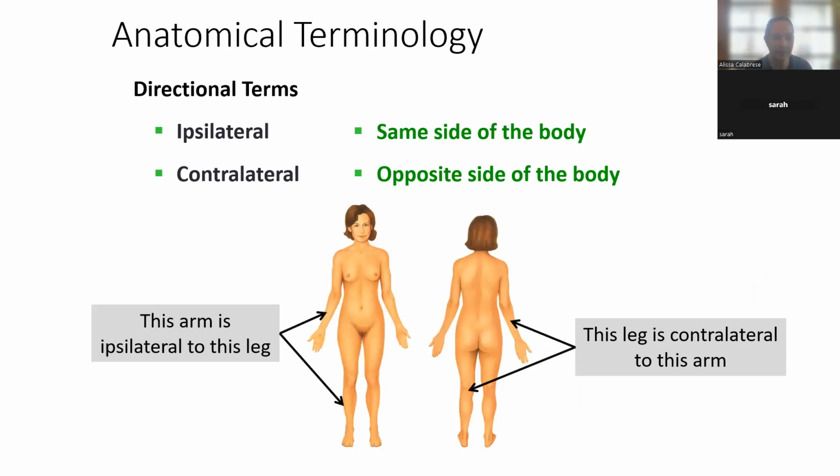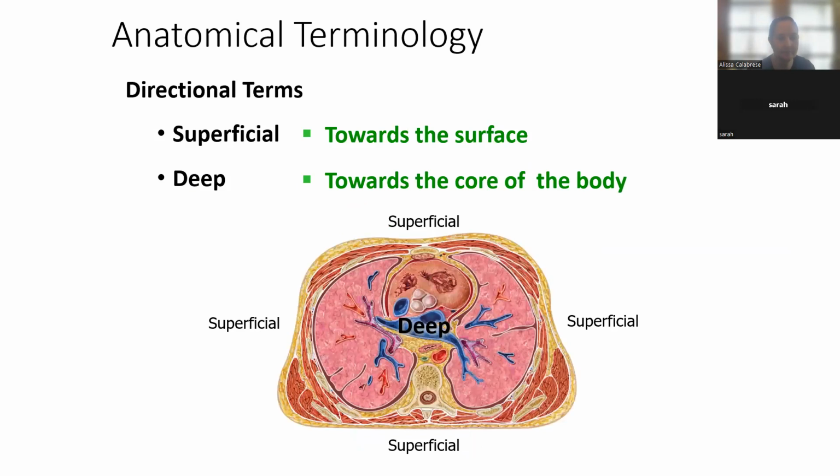Okay. And then, again usually referring to the limbs, we can refer to ipsilateral and contralateral. Ipsilateral is two structures that are on the same side of the body. Contralateral would be opposite sides. Contra meaning against, lateral meaning side. All right, and then superficial and deep.